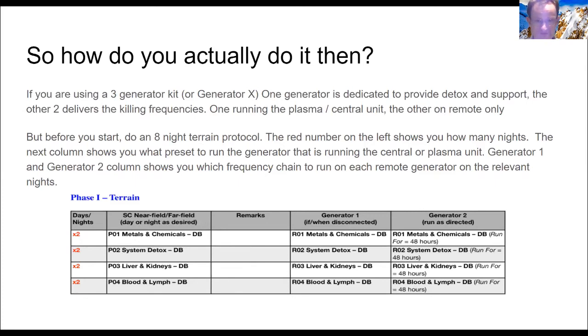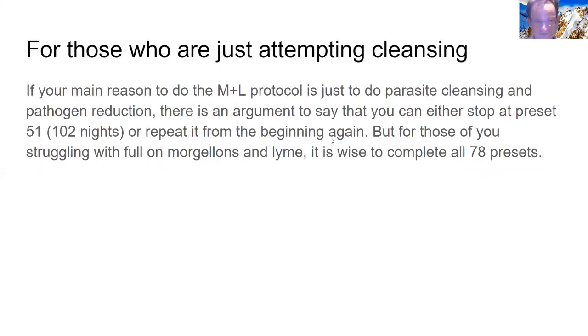Now, as I say, if you're just attempting to get your body cleaner and you're not actually fighting Morgellons and Lyme, you're just trying to get well and remove some of the gunk in your body, you can stop at preset number 51, which on this 3 generator method will be 102 nights.